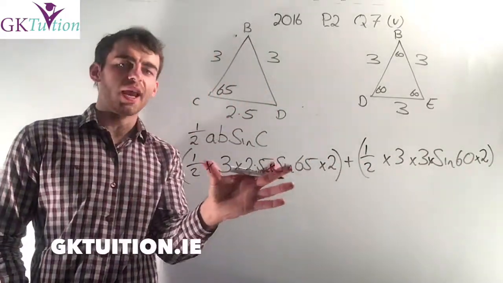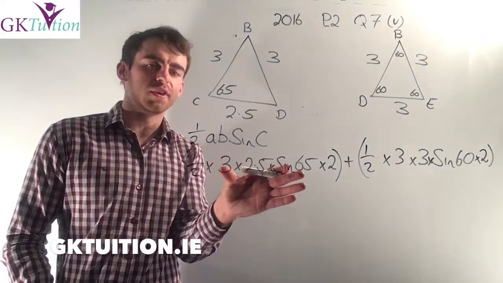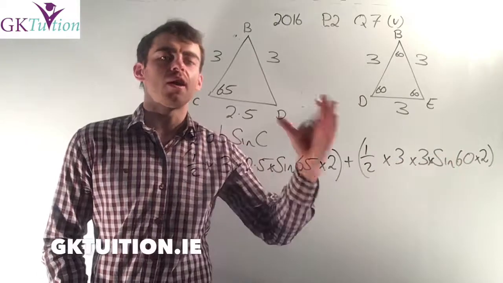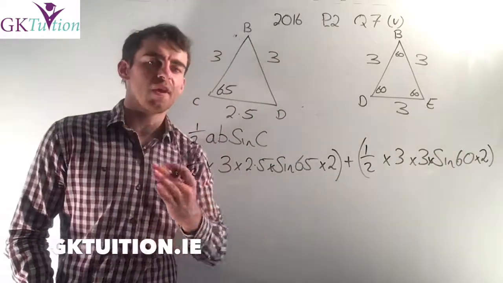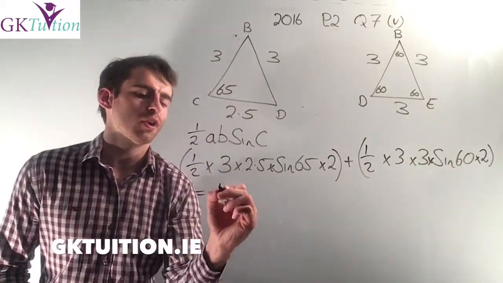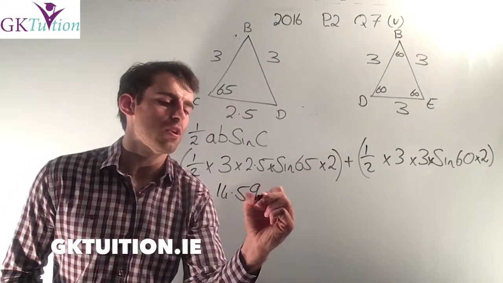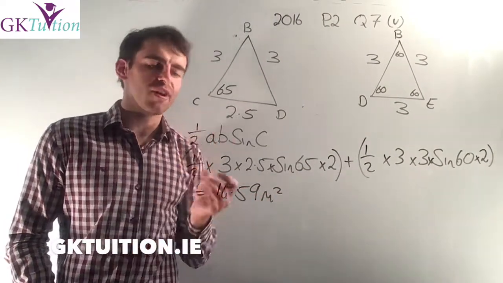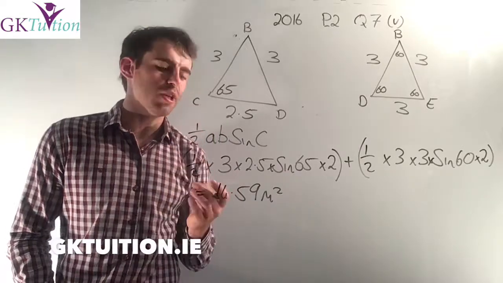So this tells me the area of the triangle facing me and the one facing away from me. This tells me the area of the one to the right and the one to the left. And if I add them all together, it works out as 14.59 meters squared. So it asks me to get the area of glass required to the nearest meter squared.